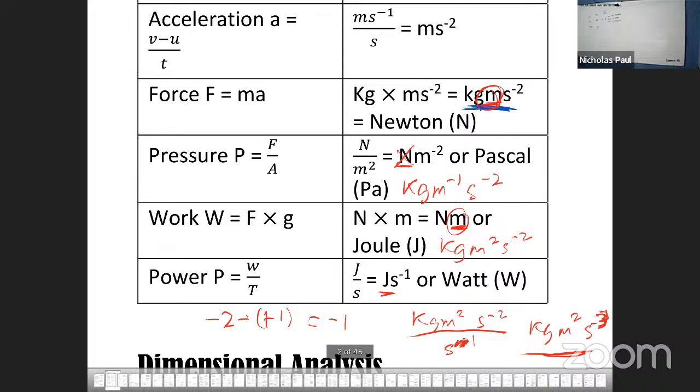Okay, so those are the units that we need to know, right? So we're going to apply those now. By the way, what will be the unit for kinetic energy? Same as work, right? What will be the SI unit for potential energy? Same as work. Okay? All right.